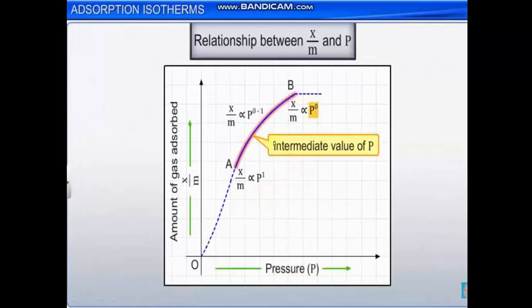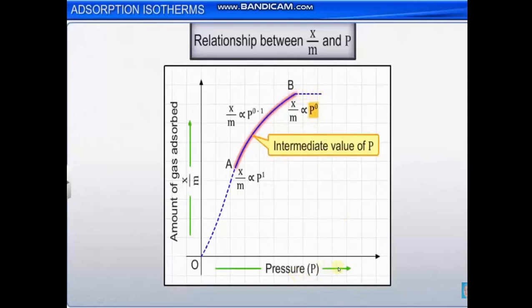Okay students, so the relationship between X upon M and P, which is given by the equation, how does it come? Just look at this curve once again, where you can see the dotted line. Here X upon M is directly proportional to the pressure, and it is somewhat a straight line. It means that X upon M is directly proportional to P raised to the power 1. At this point B, this is the flat curve.